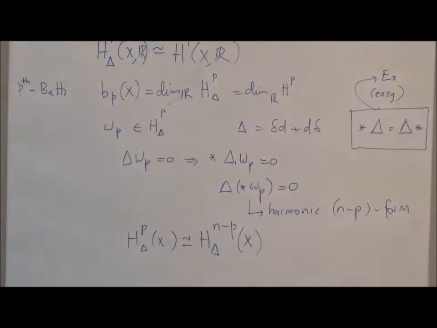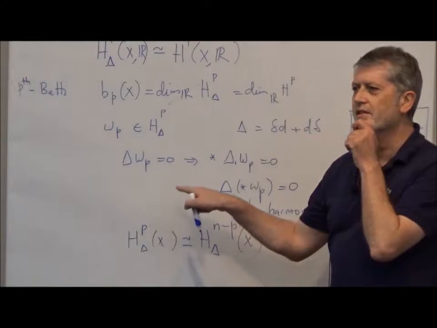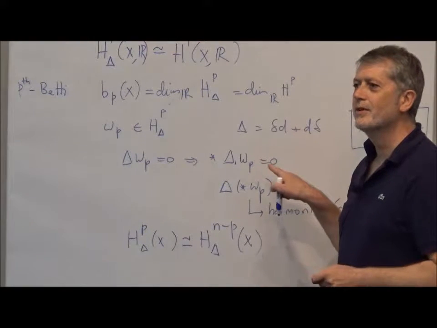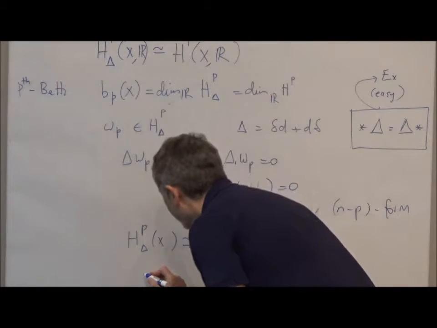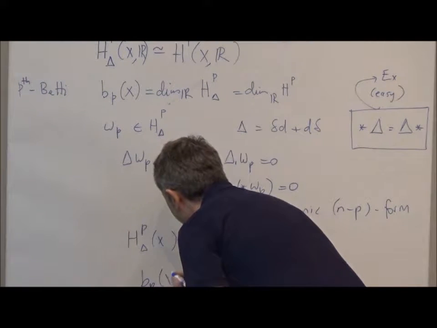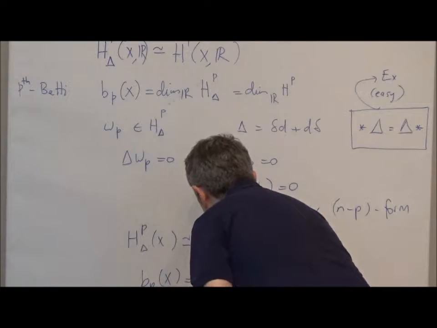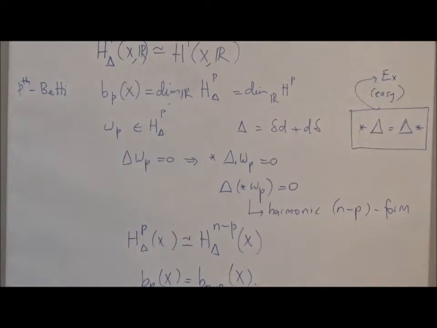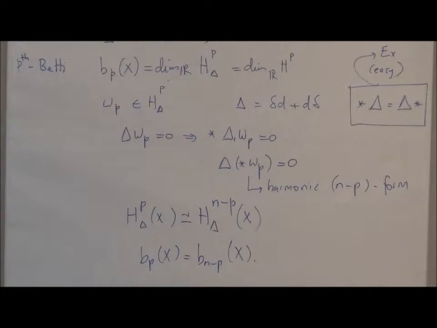Just shown that. And for free, once you've got that, since these are vector spaces, the dimension of this space must be the same as the dimension of that space, which tells me that b p of x equals b n minus p of x. Right? So the Betti numbers of my manifold satisfy this relationship.